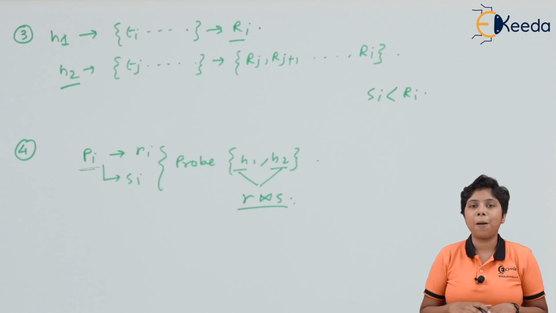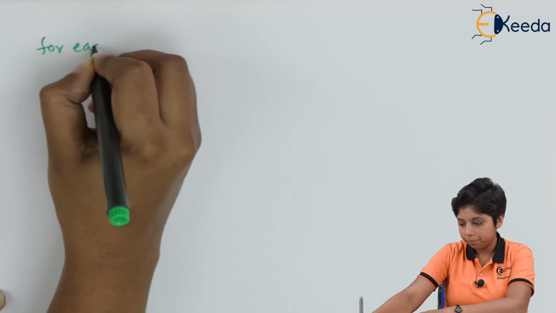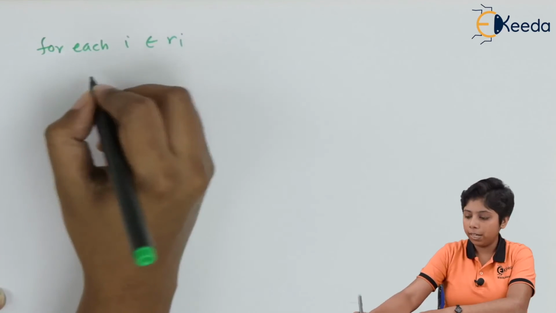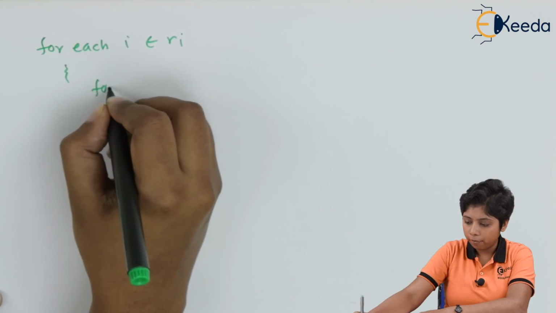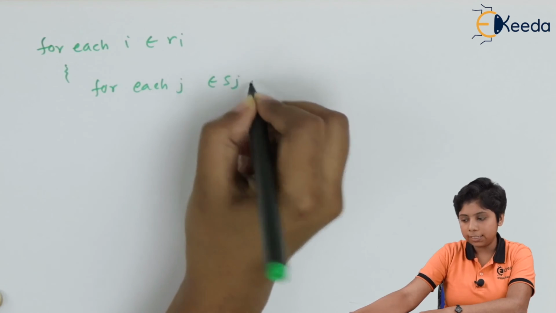The next one is the parallel nested loop join. Now the parallel nested loop join is just like the nested loop join in that every part of the nested loop join will be executing in parallel. Say, for instance, that for each i that belongs to Ri, we can generate a range partition on which we have for each j that belongs to Sj.